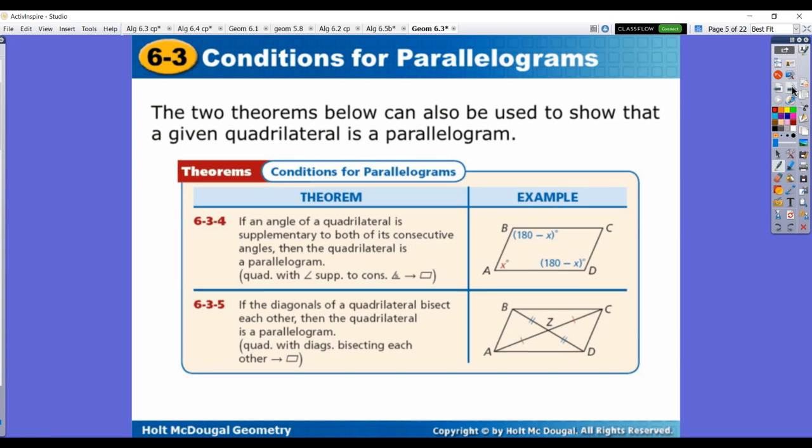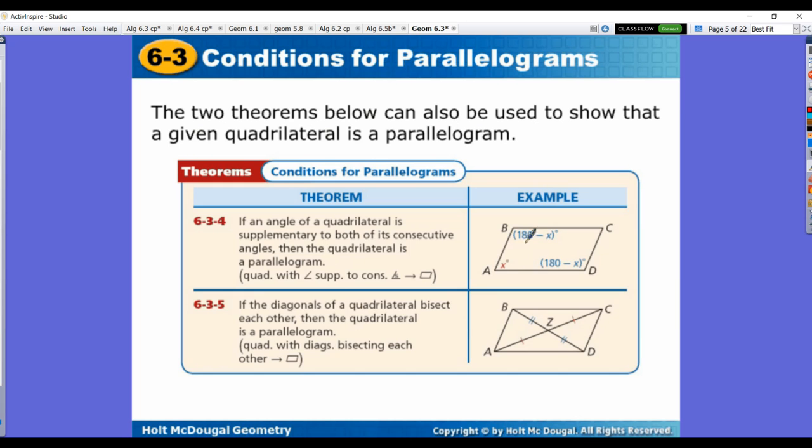And a couple others that we have here, if you have one angle and its consecutive angles, so the angles next to each other, so these two angles and these two angles, if both of those consecutive pairs are supplementary, then you would have a parallelogram.